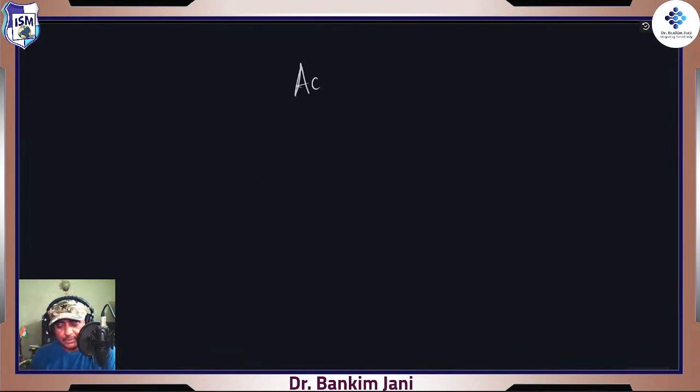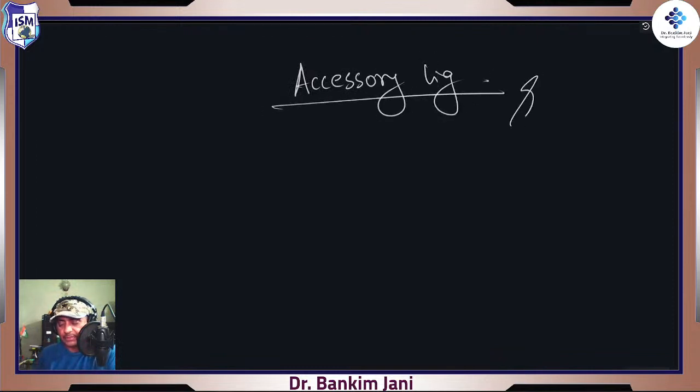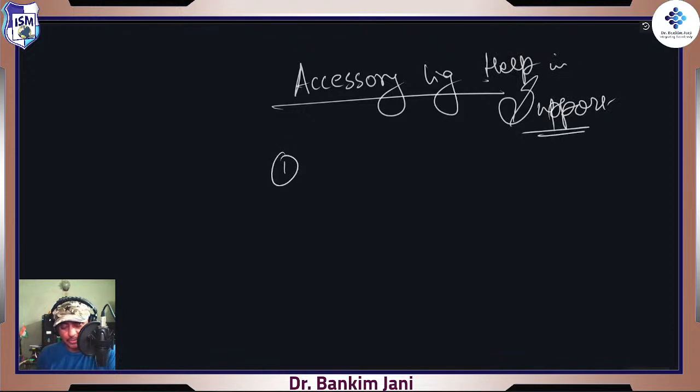All the other ligaments are called the accessory ligaments. Their function is just to help in support, right? So which are those minor ligaments? This would be the ilium and lumbar, iliolumbar, right?